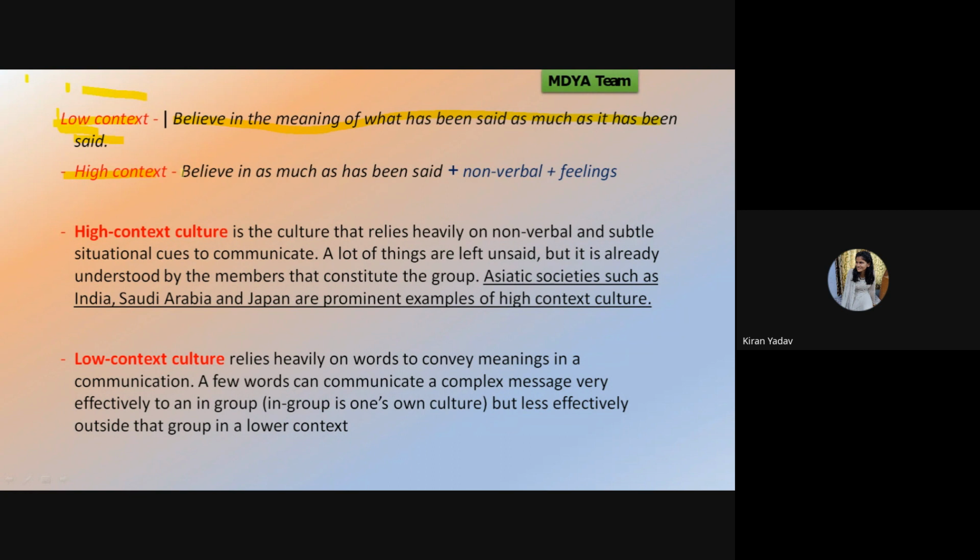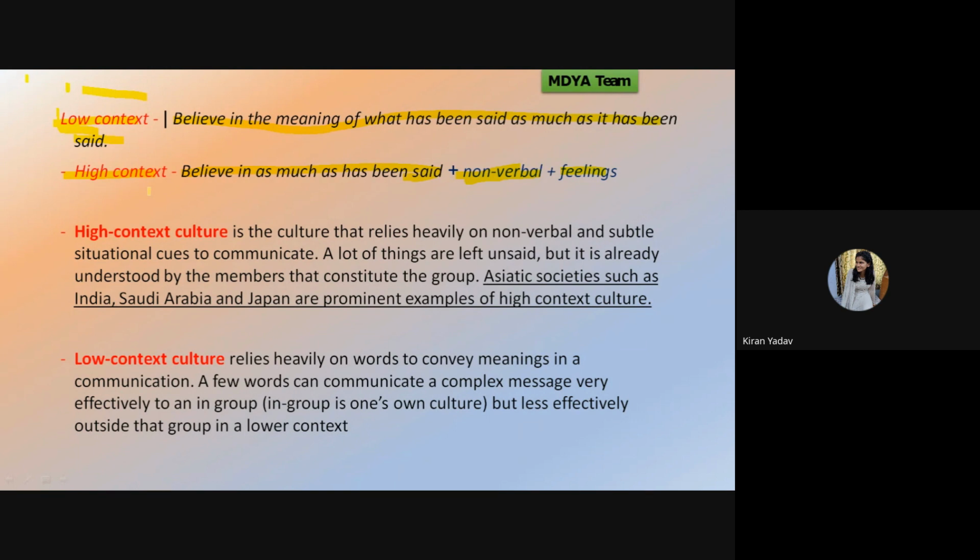But high context believes in as much as has been said plus non-verbal plus feelings. So verbal plus non-verbal plus feelings. The high context culture believes in the power of unsaid words. If someone stays silent in a high context culture, this is also a message.